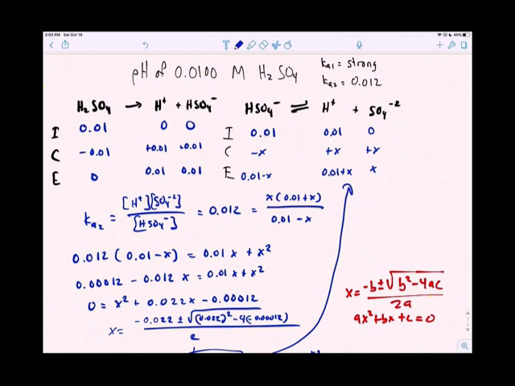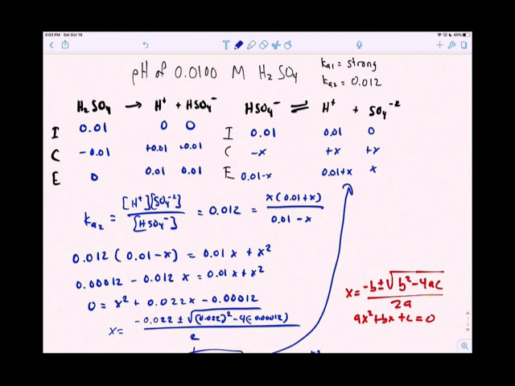And so sulfuric acid is a strong acid, at least the first hydrogen is. So it's a one-way street. It completely breaks apart, 100% ionizes into hydrogen ion and bisulfate. But then bisulfate is a weak acid, so it has an equilibrium. It has a common ion with the strong acid solution that was there before it.